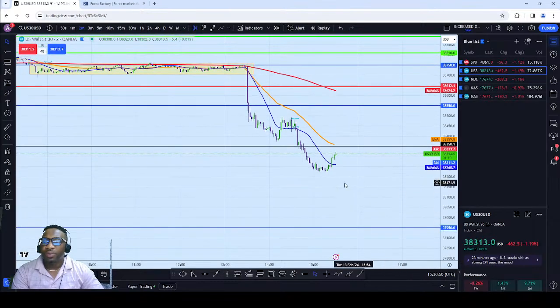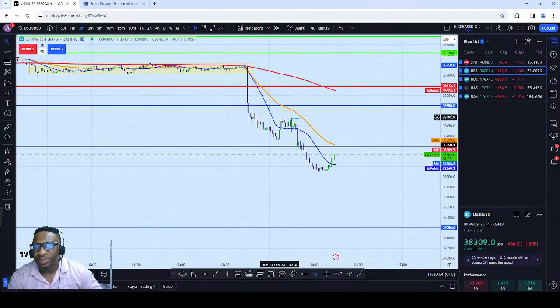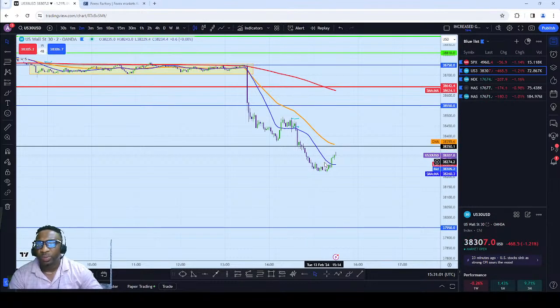With all this, price is still below the 200 moving average. It's just in between the 50 moving average and the 20. So we will not just look for entries to go up at this point in time. If there's anything like that, we have to have price and the moving averages above the 200 moving average.